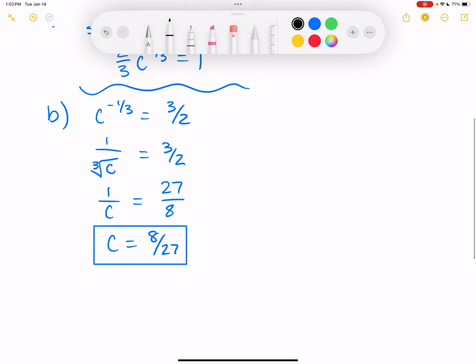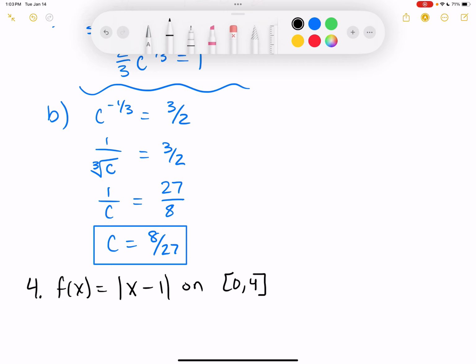All right, 4. F of x equals the absolute value of x minus 1 on the interval 0 to 4. What do we know about this? What does that mean?